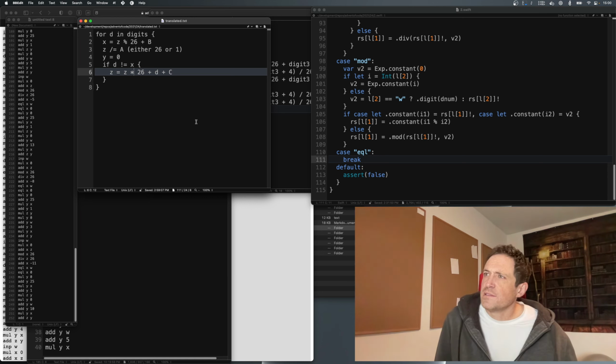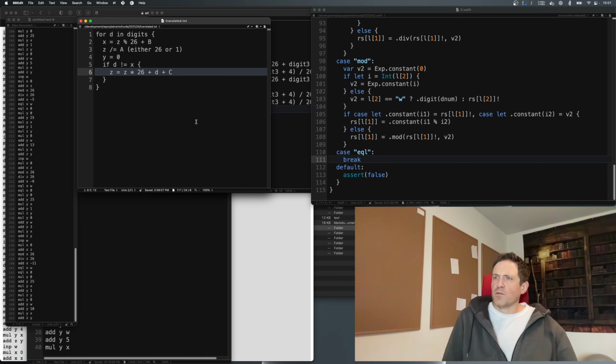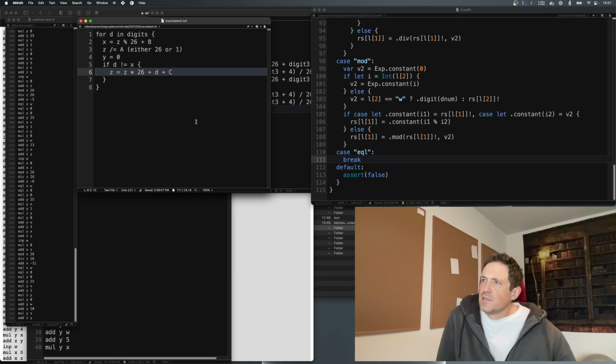So X is Z mod 26. So in what situation does Z end up as 0? So D is always positive. C is always positive. How does Z ever get to be negative? How can Z ever be 0? I must have mistranslated this.